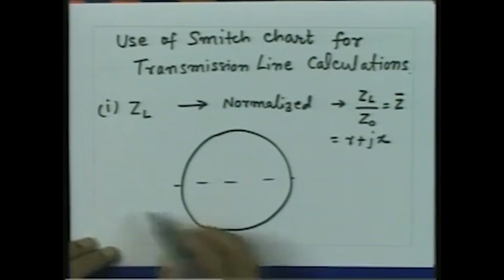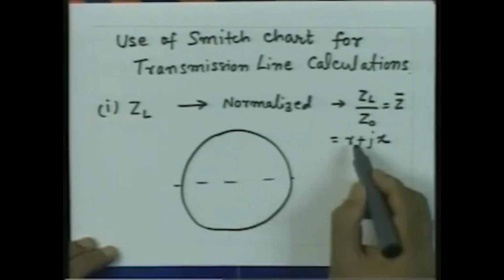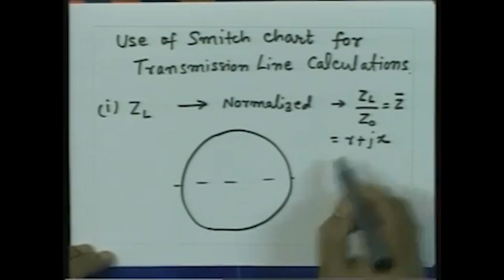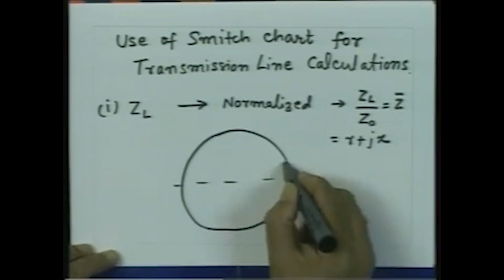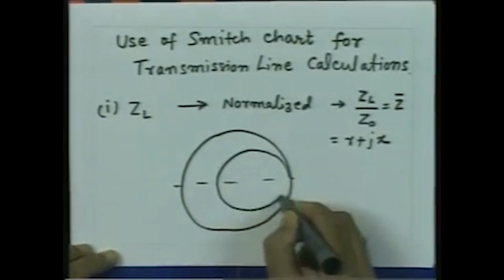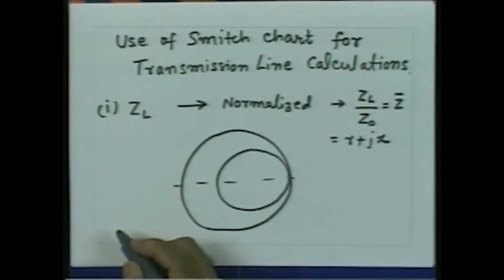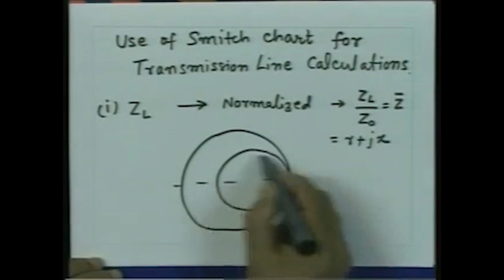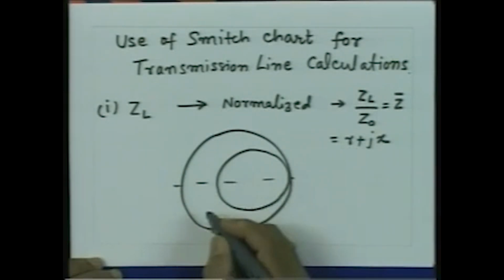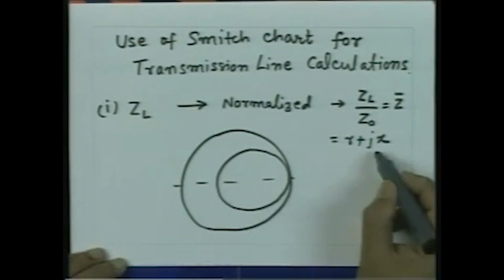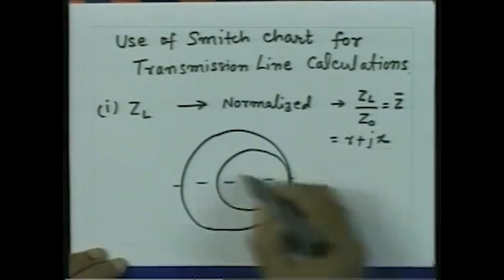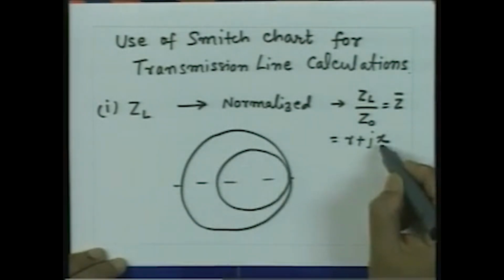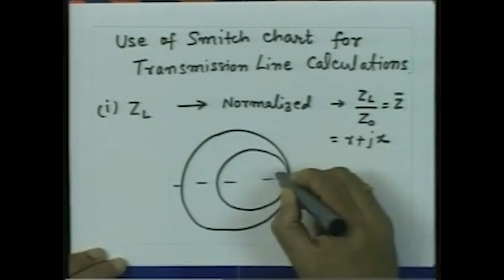First, identify the constant resistance circle which has this value R. Let us say that circle is this circle, for which the resistance value is this value R. Then identify a circle for which the reactance value is this X, which will be, let us say, this one.